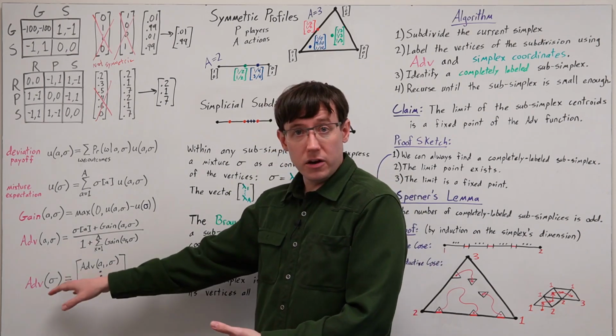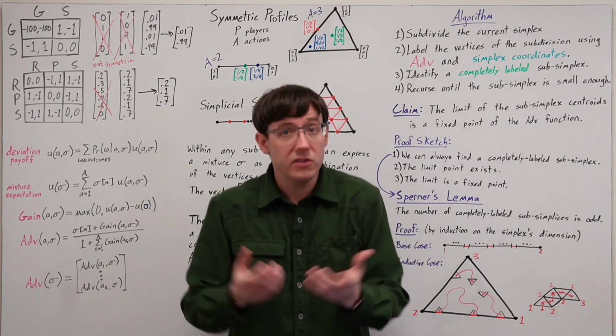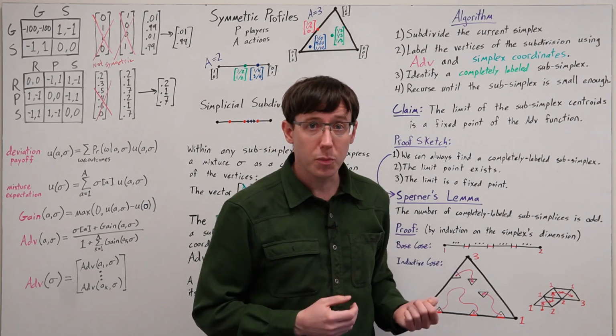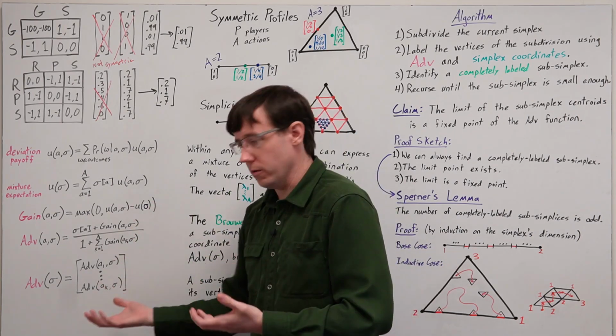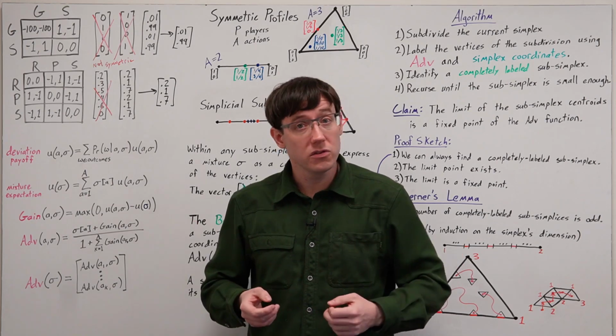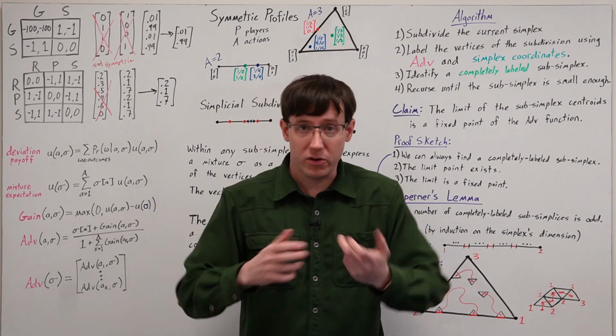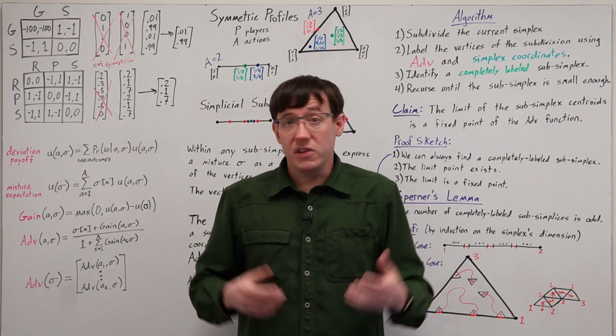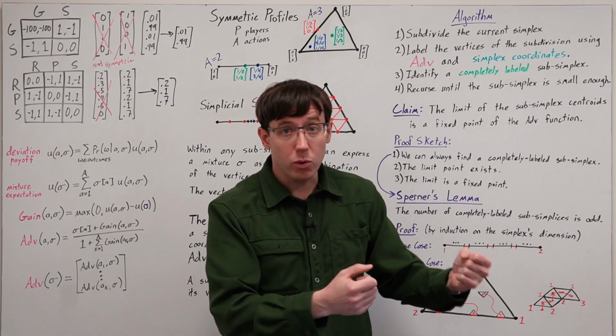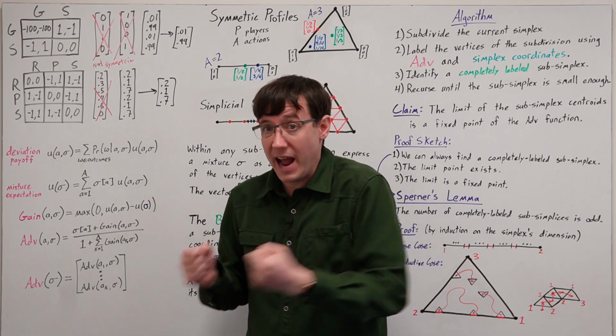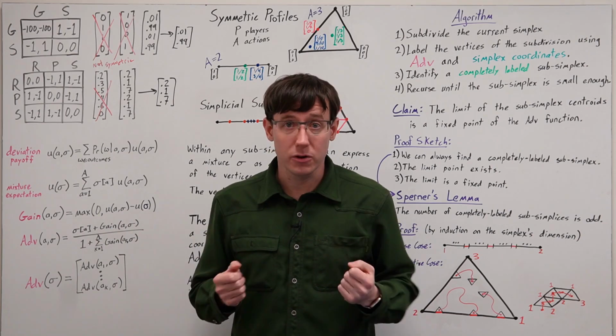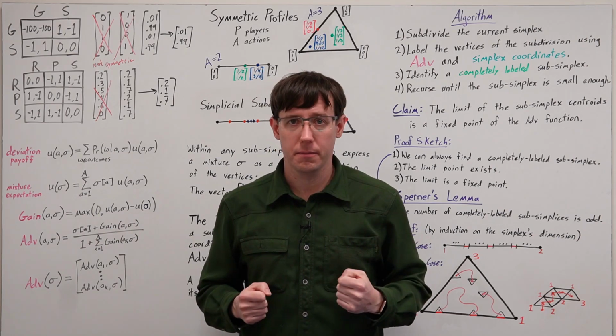And this advantage function, just like the one from last time, meets all the conditions of Brouwer's fixed point theorem. And so Brouwer's theorem would tell us that a fixed point exists, and there must be a symmetric Nash equilibrium. But since our goal was not just to say an equilibrium exists, but to actually find it, that's not good enough, and we need to dig deeper.